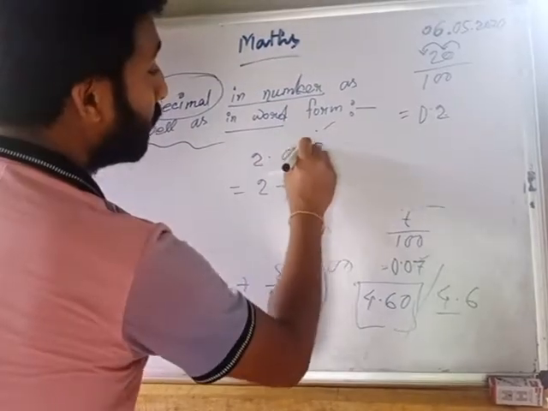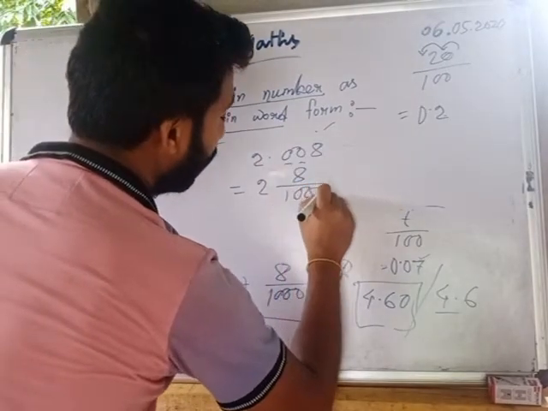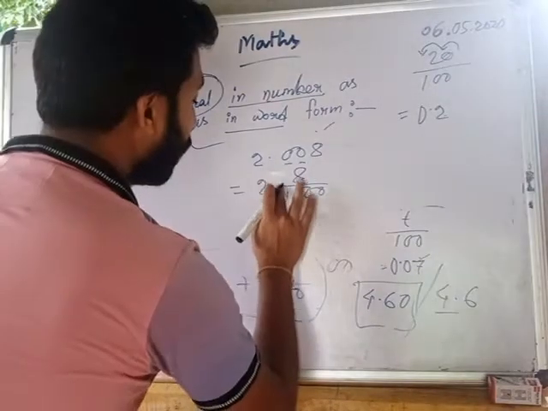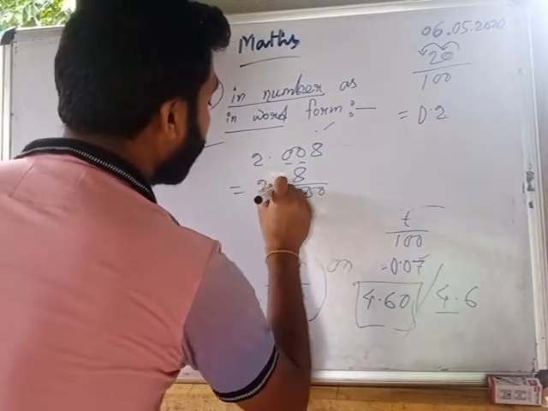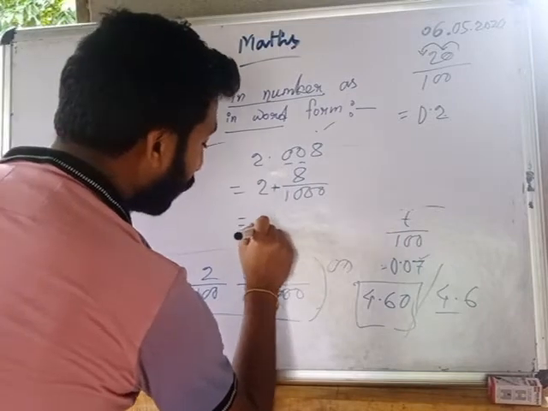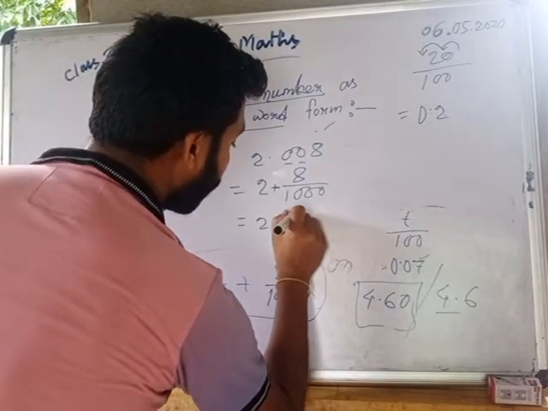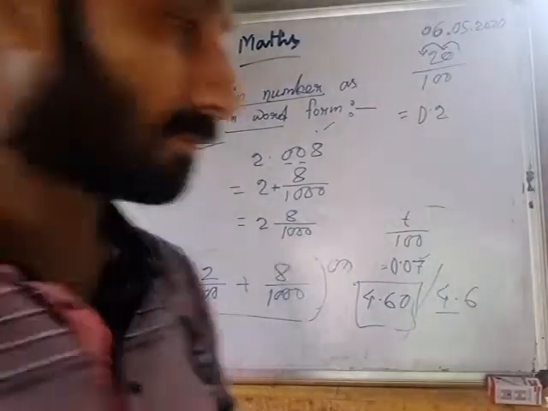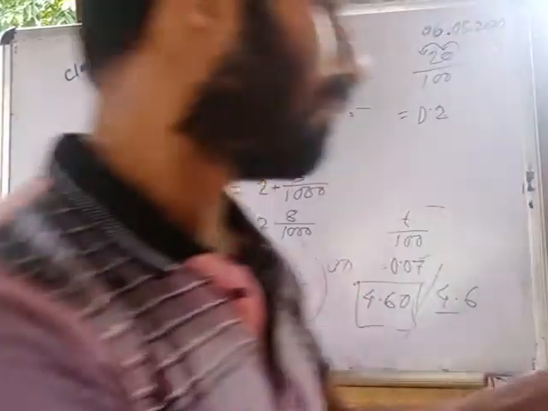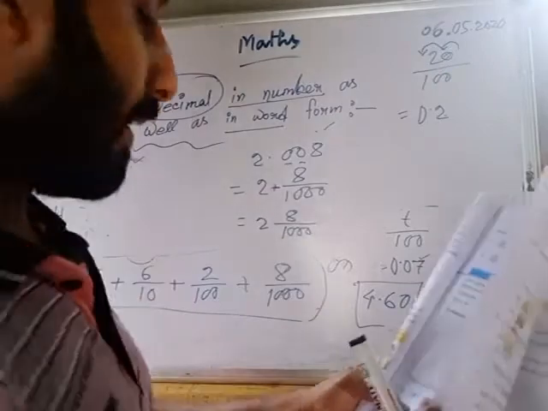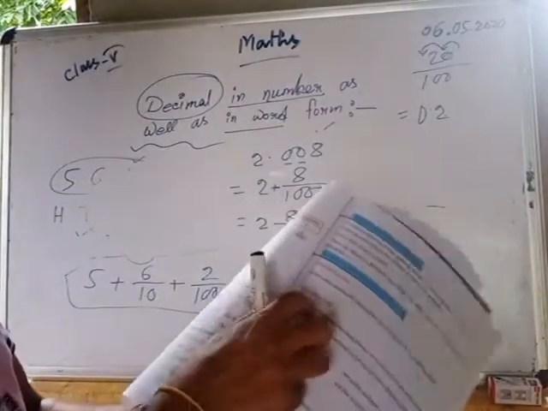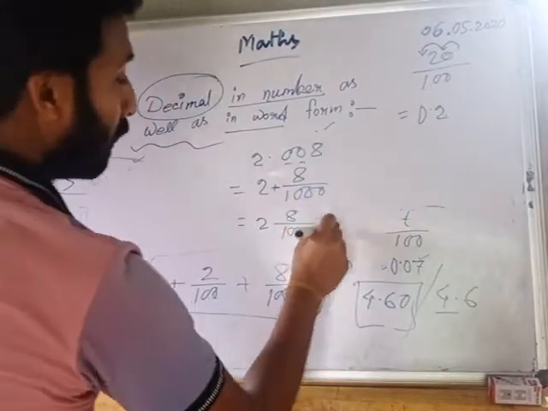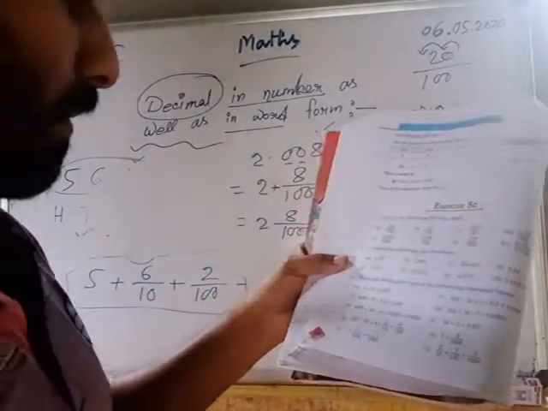After the point 3 digits are there, so we should write 3 zeros here. Okay, if you want to write it, write plus. After that we should write here 1000. There is write as fraction. That means the decimal will be converted into a fraction.